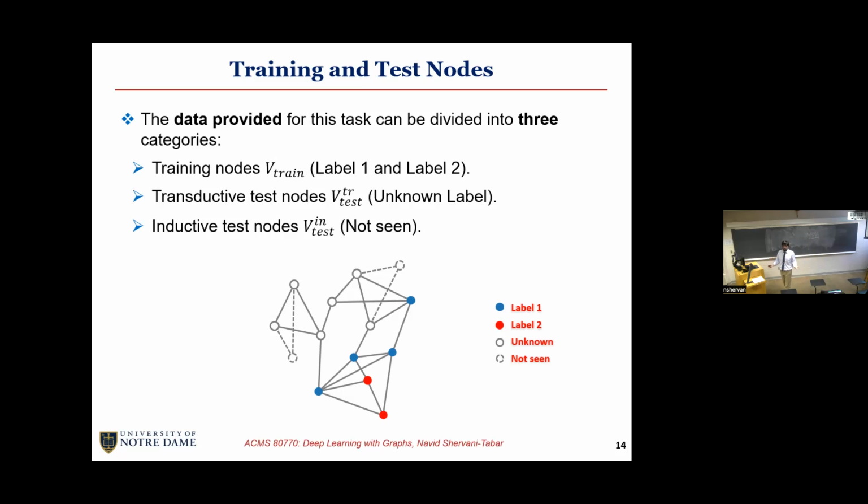For example, you're working for Google, you write an algorithm for Google Scholar, and you don't want that to be garbage whenever a new paper comes up. You want to use the model you develop for probably a few years, so you want it to be able to handle new nodes that are added to our graph. Those are called inductive test nodes.